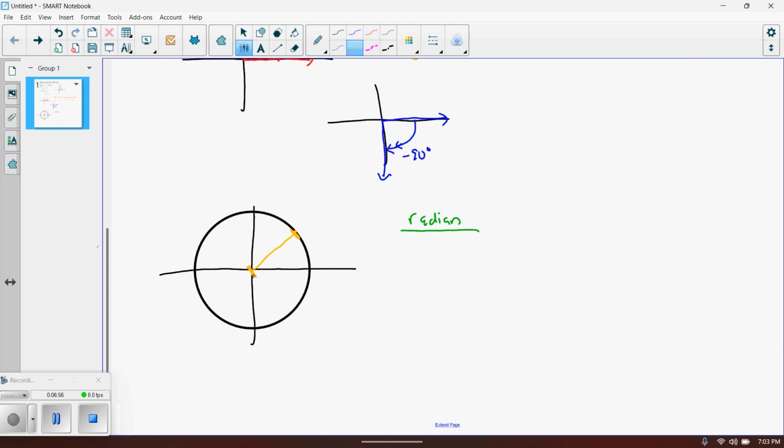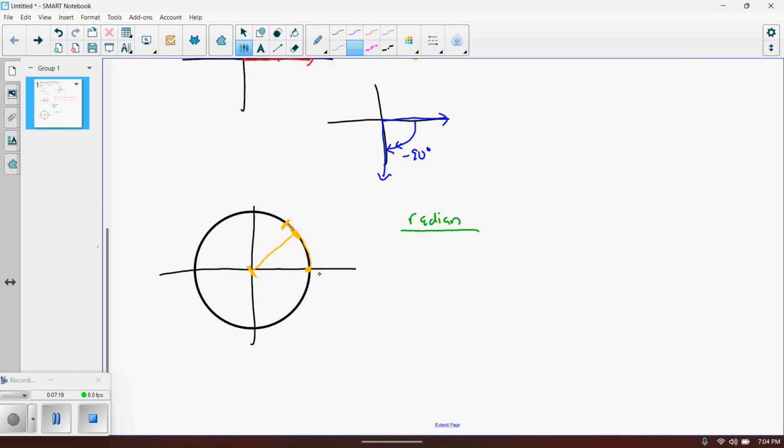Whatever distance that is, if I take that same distance, basically if you think about putting a string on top of the orange line there and starting it right here and laying that string along the arc of this thing, that distance would be 1 radian because it is exactly the same distance as the radius of the circle.